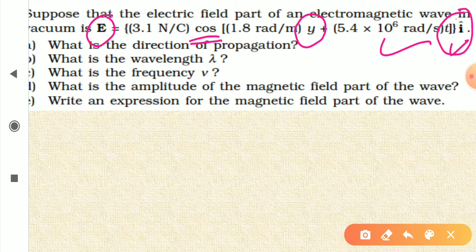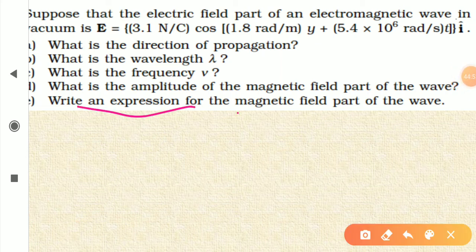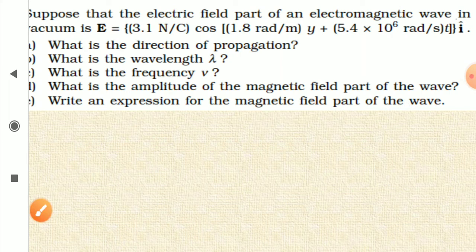We have to find out the direction of propagation of the wave. From here you can see it is along the y-axis. What is the wavelength? What is the frequency? What is the amplitude of the magnetic field? And write an expression for the magnetic field part of the wave.